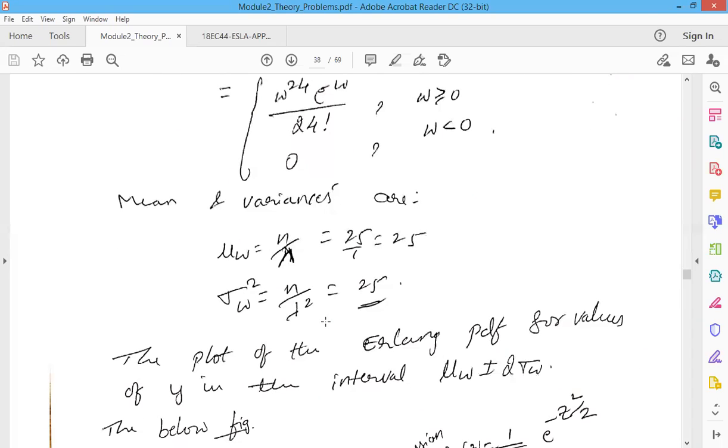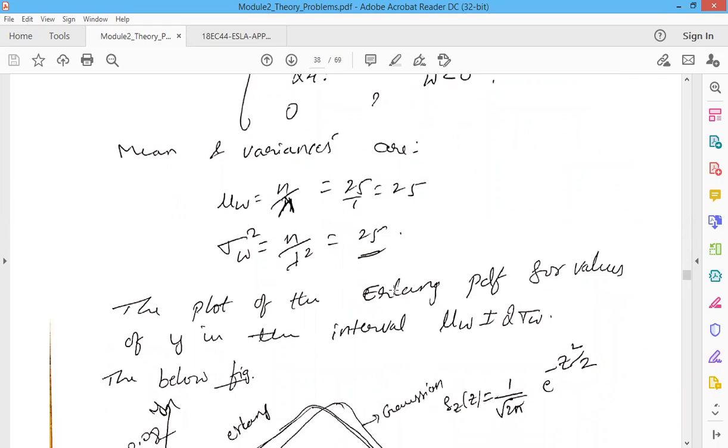And the corresponding mean and variance: the mean is defined as n by lambda. You need to remember that we have shown this for the Erlang random variable, and the variance is n by lambda squared. Substituting the corresponding values, it results in 25 and 25.